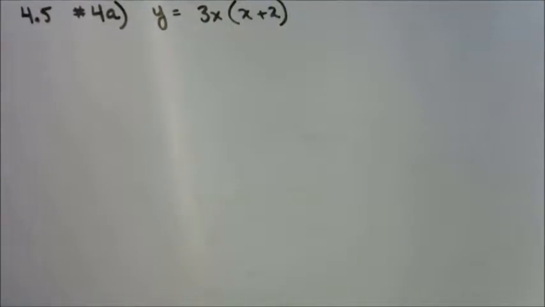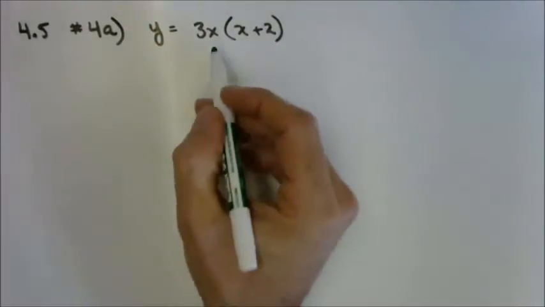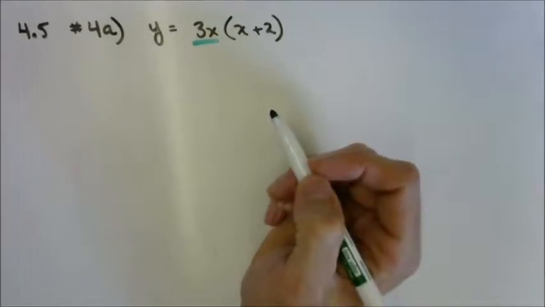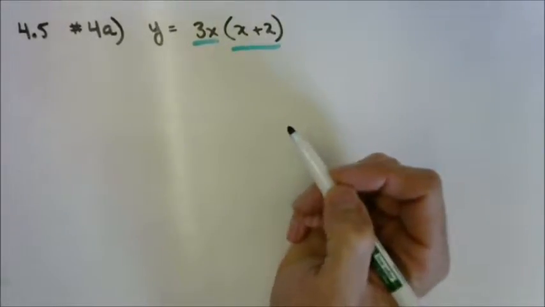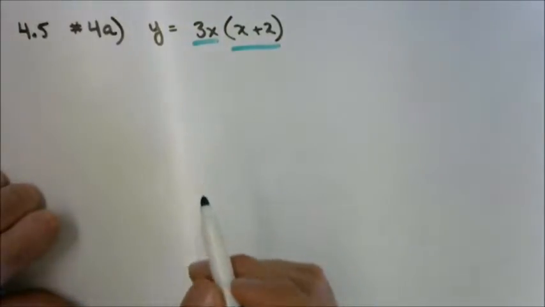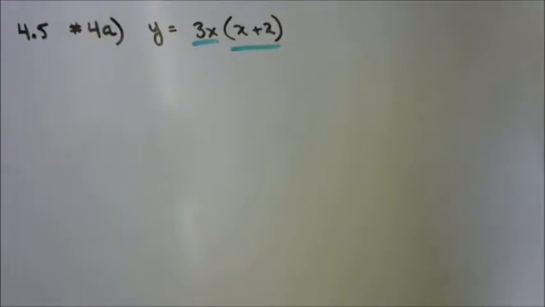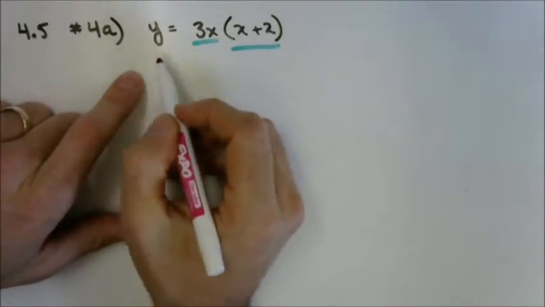Now this is in a little bit different form than we're used to, but we can still see here that we have two factors. 3x is a factor, and x plus 2 is a factor. So what we get when we're finding our x-intercepts from the equation is that we need to find the place that makes this whole thing equal 0.